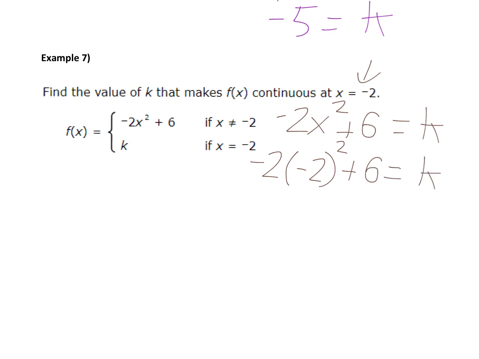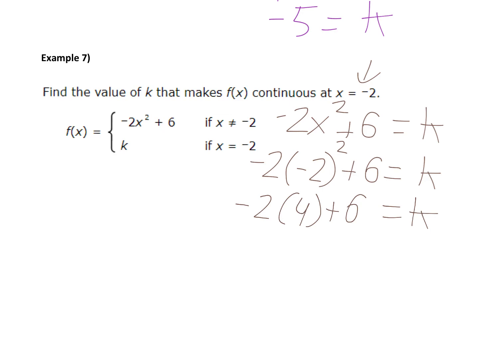All right. Well, please recall your order of operations. PEMDAS. For me, it was, please excuse my dear Aunt Sally. We have our parentheses here. Parentheses, then exponents, then multiplication, division, addition, subtraction. So negative 2 squared gives us positive 4. So this becomes negative 2 times positive 4 plus 6 is equal to k.